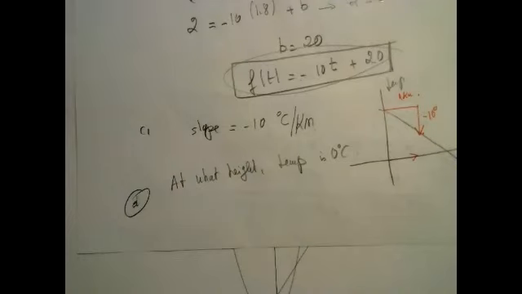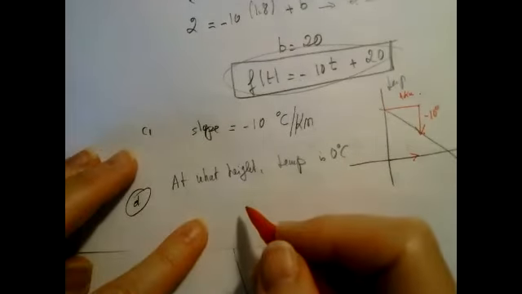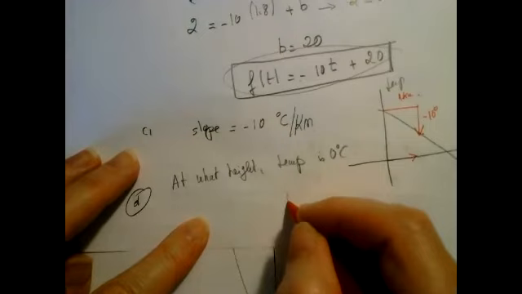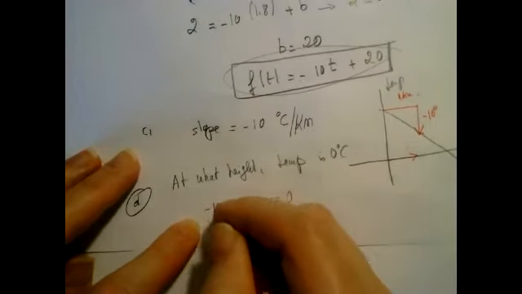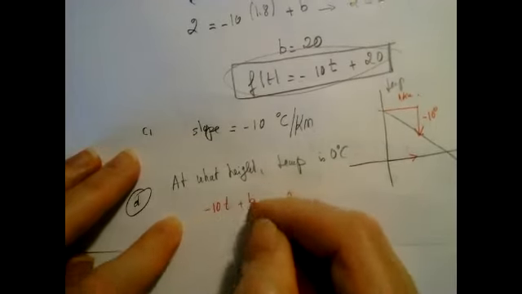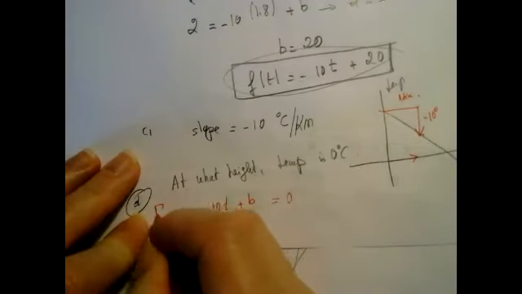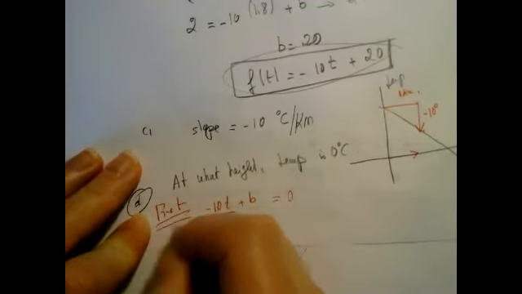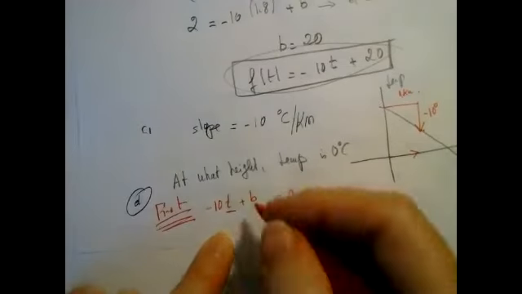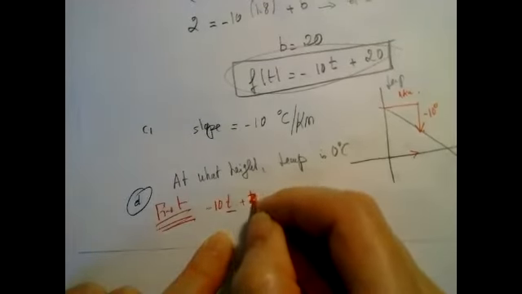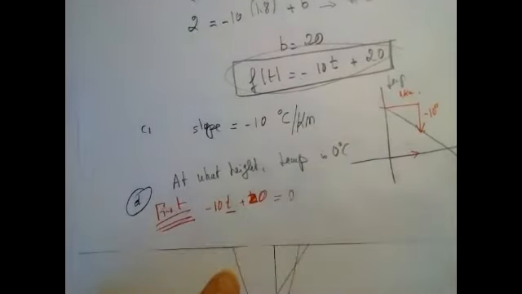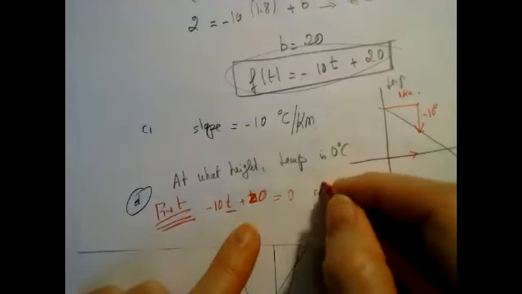Read the problem again. What do I want? You have 0 equals negative 10x plus 20. Yes. So now what do I want? I want the height. So we said this equal to 0, and we solve for t.